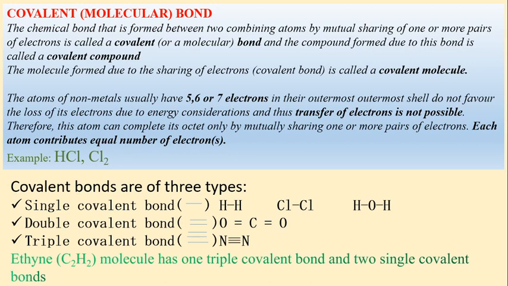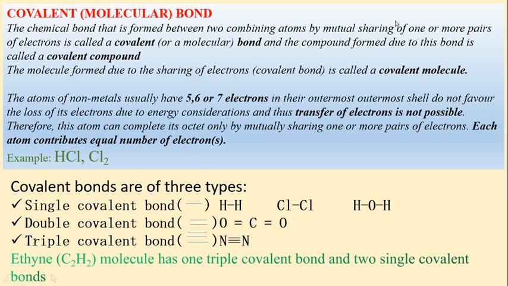So, already we have learnt about electrovalent bond, where the bond formed is due to loss or gain of electrons. And this covalent bond is the bonding formed by mutual sharing of electrons.